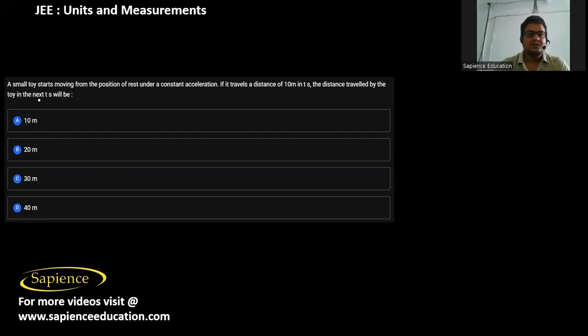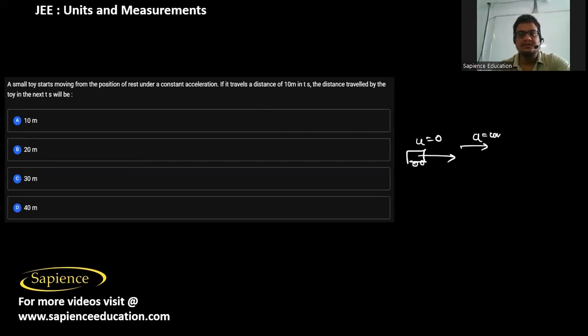Then here it is told a small toy starts moving from the position of rest under a constant acceleration. There is a small toy which starts moving from rest, which is u equal to 0, under constant acceleration.